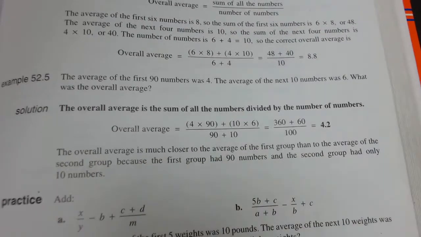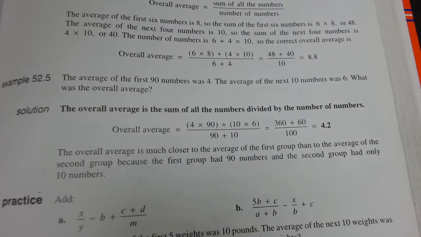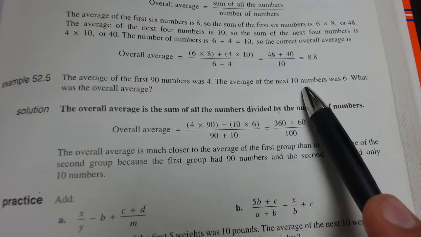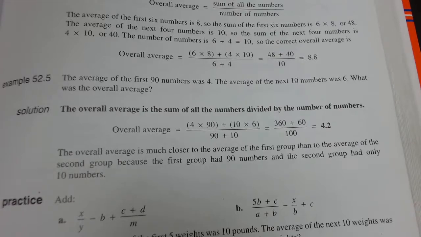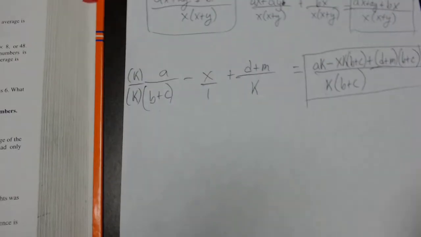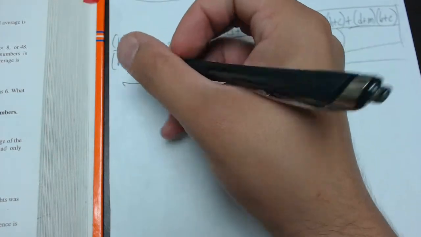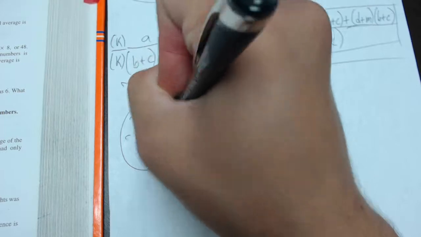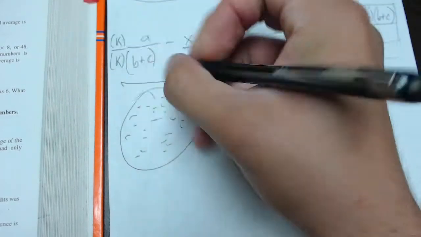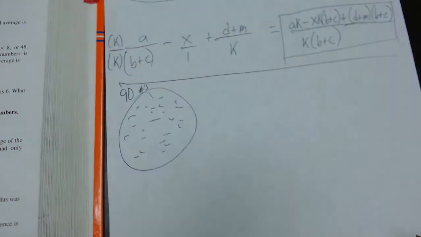We'll look at 52.2. They tell us the average of the first 90 numbers was 4. The average of the next 10 numbers was 6. What was the overall average? So, visualize this. What we've got going on here is we have 90 different numbers. All right, so we've got this group of 90 numbers, right?